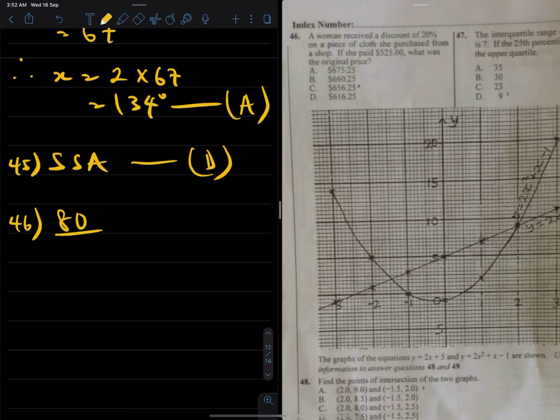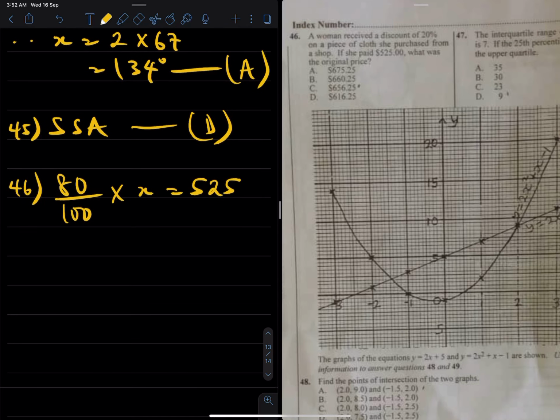So let X be the original price, and that means 80% of X was what she paid, which means 80 over 100 times X is equal to $525.